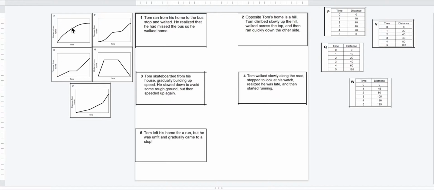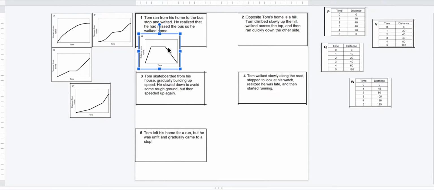And then we know he went back home. Okay? So really, I only see one here that's showing me that he stopped and waited. Remember this straight line. And he went back home. So he was leaving home, waited, went back home. So I'm going to move that one right over here so I know it goes with Tom.